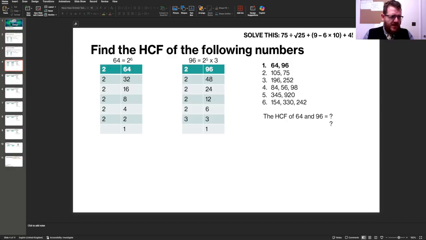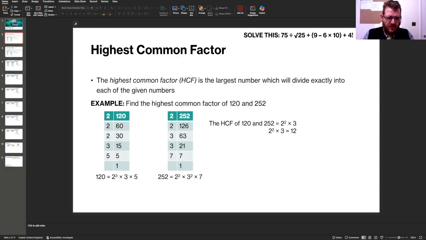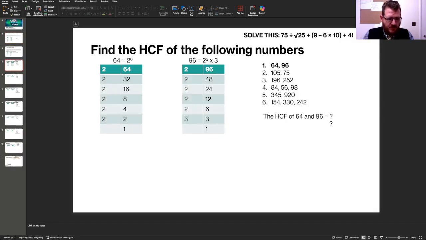So if you go back to the example, it's the largest number which will divide into each of the given numbers. So we've got a 32 there, and then we've got a 32 there, 2 to the power of 5, which is 32. And that's your answer there.